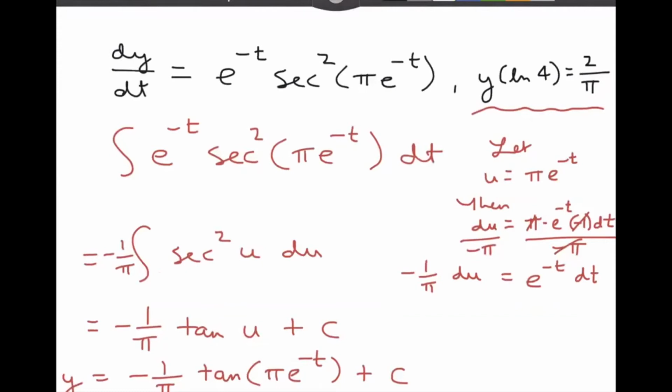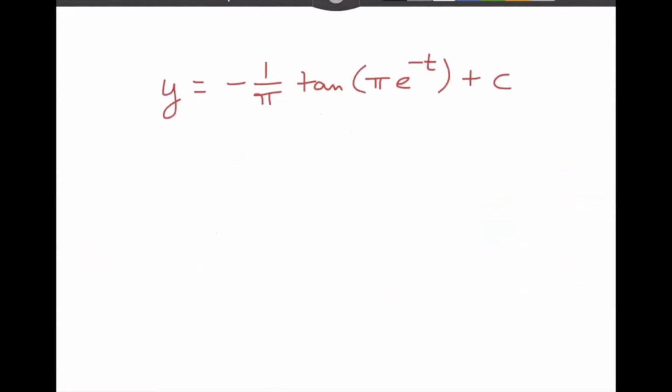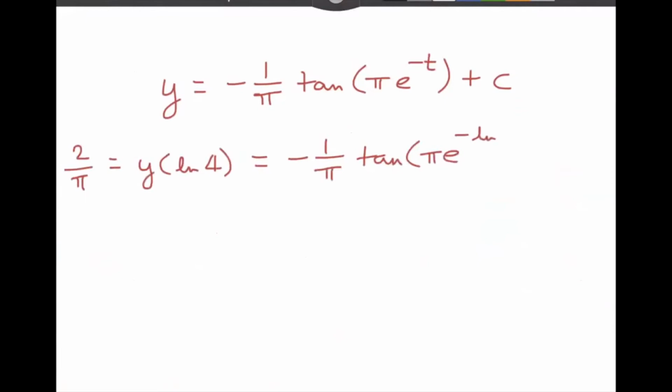So here's how I like to write that. On the one hand, y at natural log 4 is equal to 2 over pi. On the other hand, y at natural log 4, just plug natural log 4 into this function we have here, is equal to negative 1 over pi tangent of pi e to the negative natural log 4 plus c.